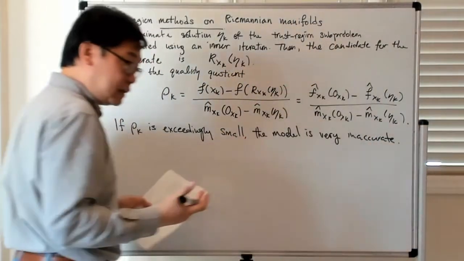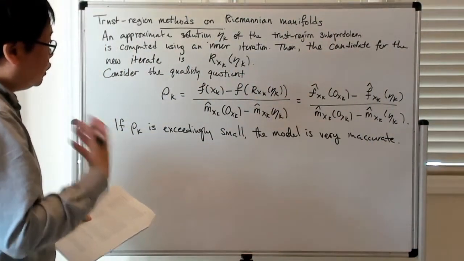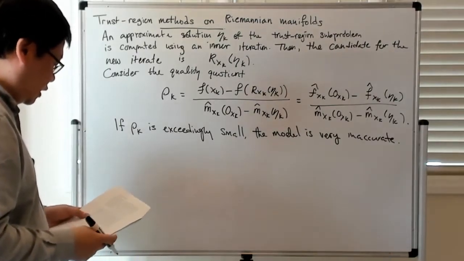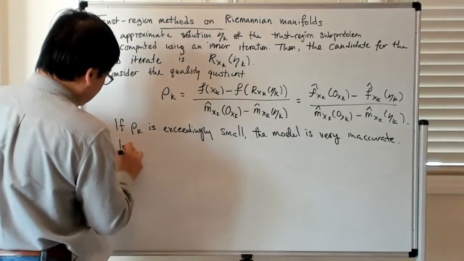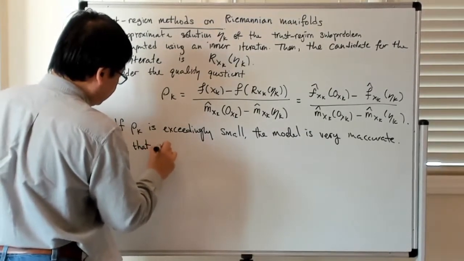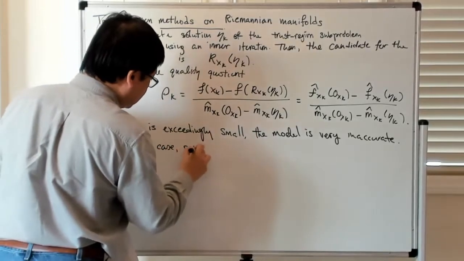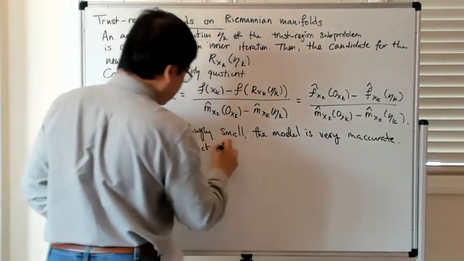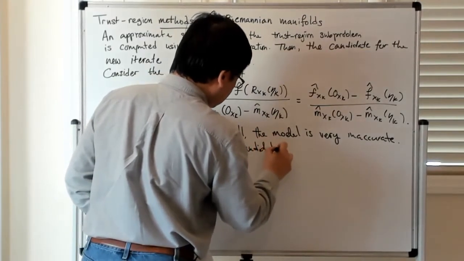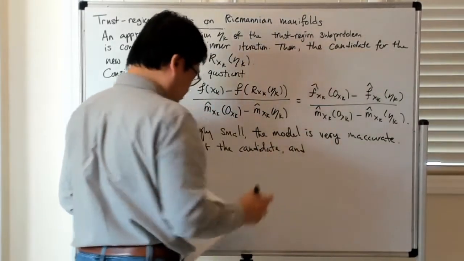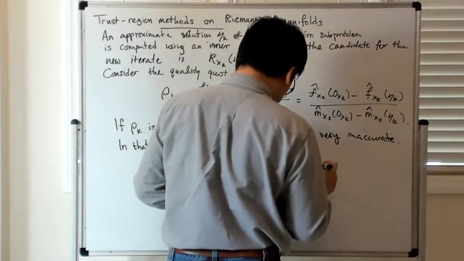In that circumstance, what you want to do is reject the candidate and reduce the trust region radius. So in that case, you reject the candidate and reduce the trust region radius.